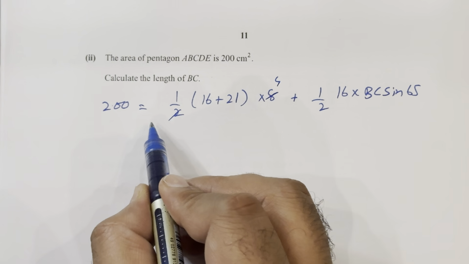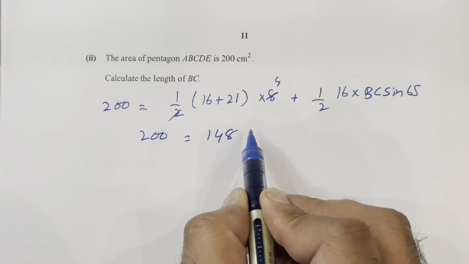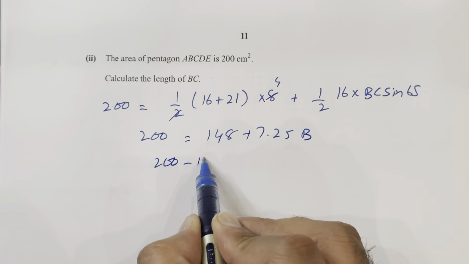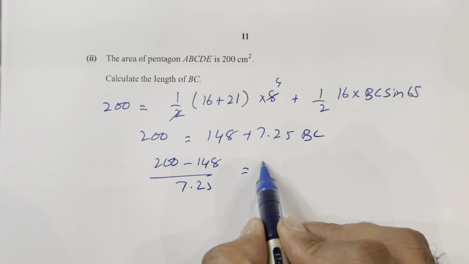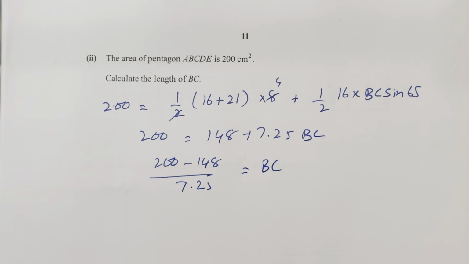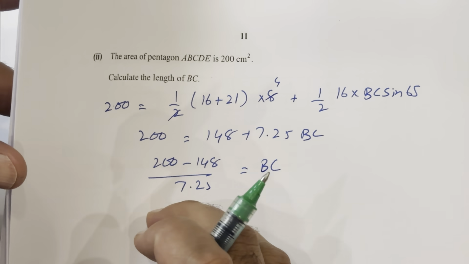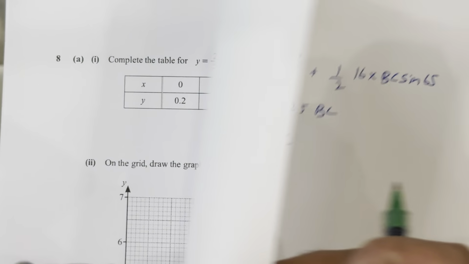Now this will be 200, that is equal to 148 plus 7.25 BC. 200 minus 148 divided by 7.25, you get the value of BC, and the value of BC is 7.17 centimeters. So this is how we have completed question number 7.